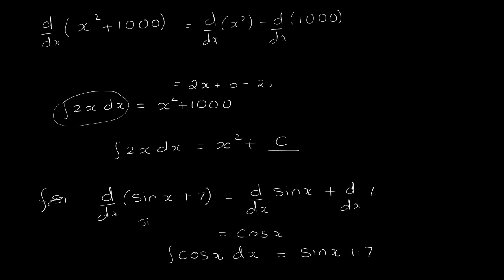If this was sin of x plus 3, I would still have got cos of x only. So again there is the issue of what that number should be. But to represent that there is something we don't know, we write it as sin of x plus c. So that's why plus c has come into the picture. Don't forget to add that plus c in the final answer whenever you are finding the integral.